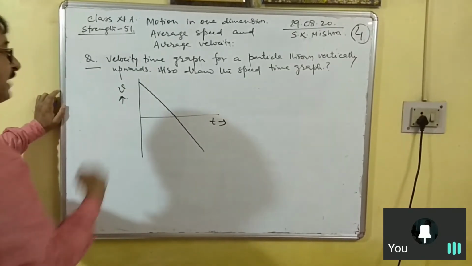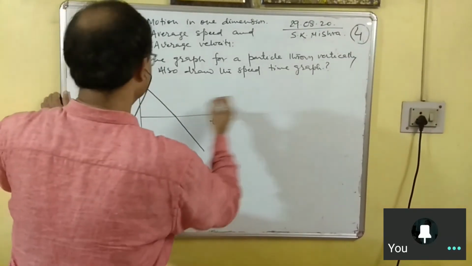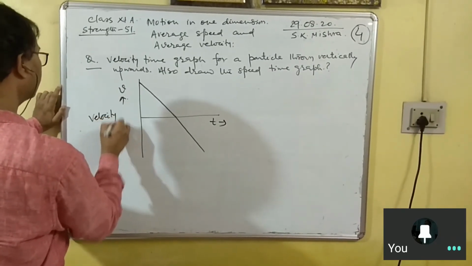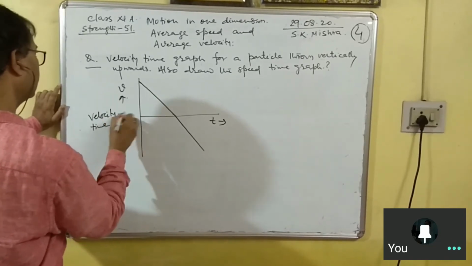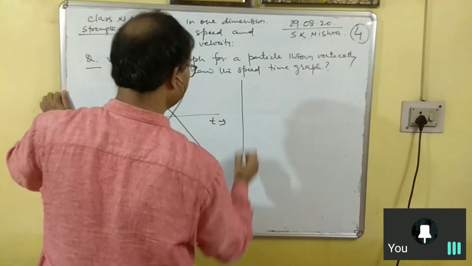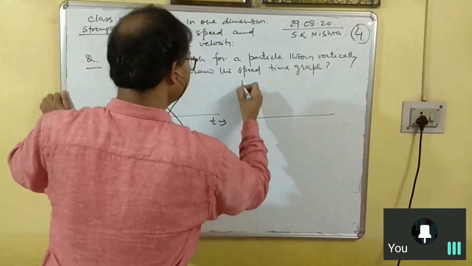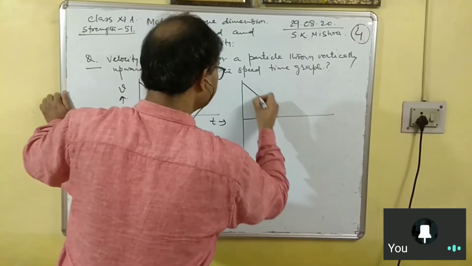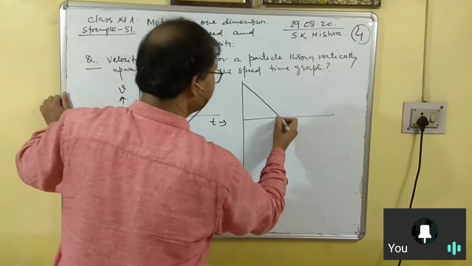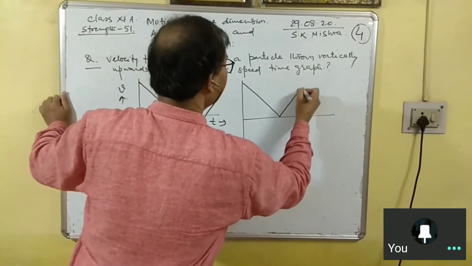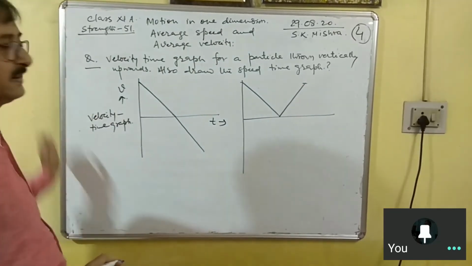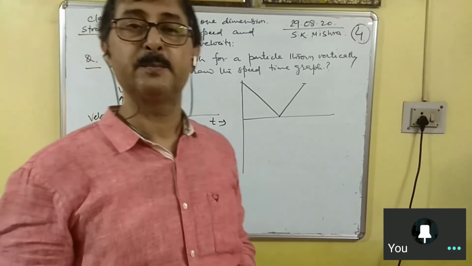But the speed time graph is different from this one. This is the velocity time graph. But in the speed time graph, speed will never be negative. So speed decreases. Then when it is returning back, speed starts increasing and will attain the same speed as soon as it reaches the point of projection.